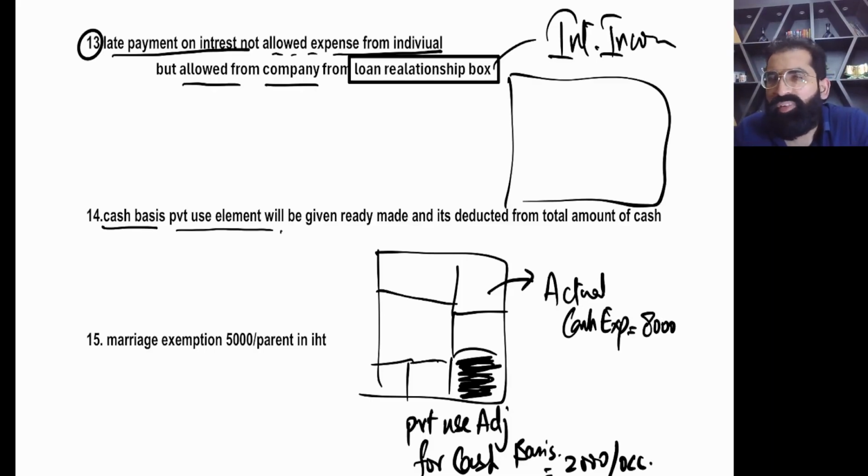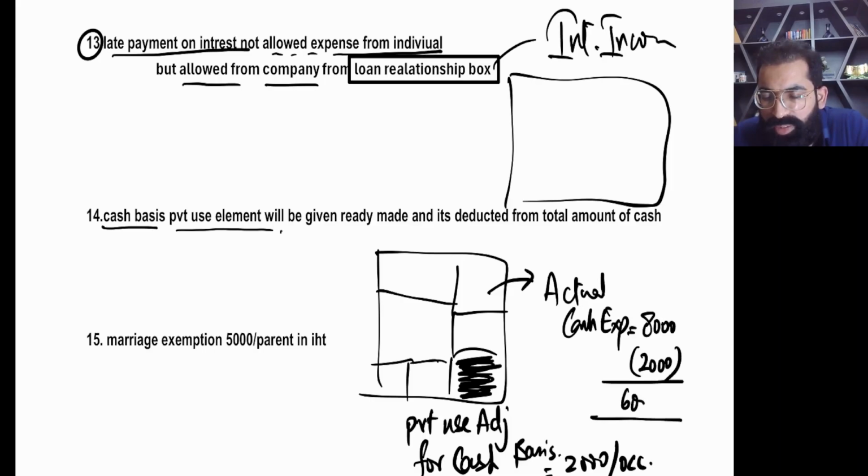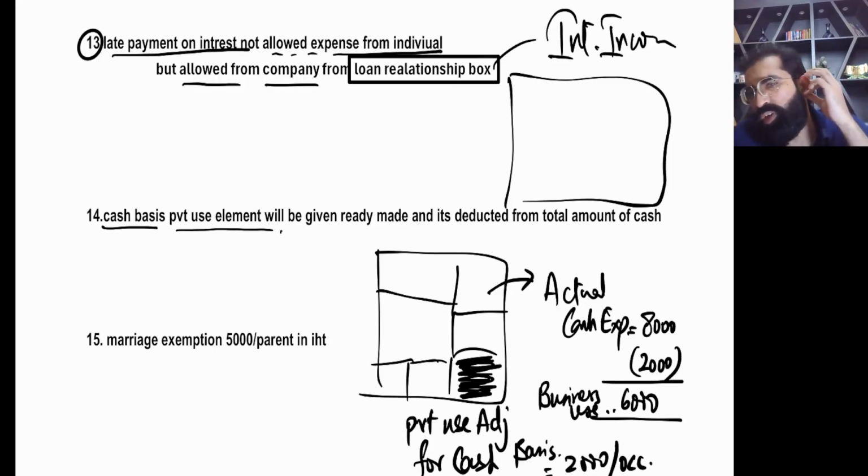So 2,000 multiplied by 1 is 2,000. Out of 8,000, 2,000 is the private use adjustment. So the business use amount is 6,000. This is business use, and this will be deducted from your cash basis PNL.